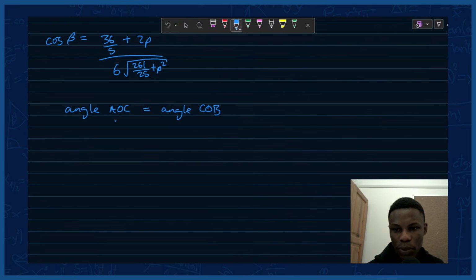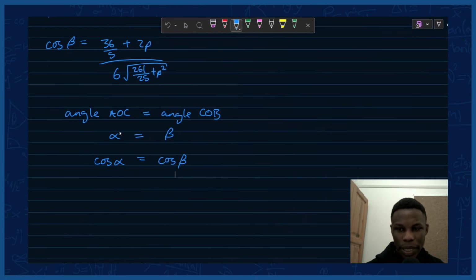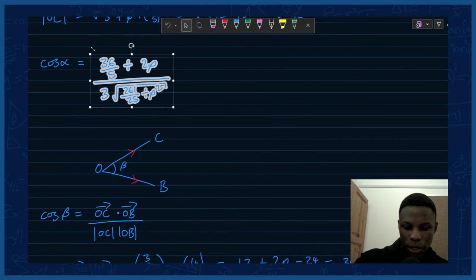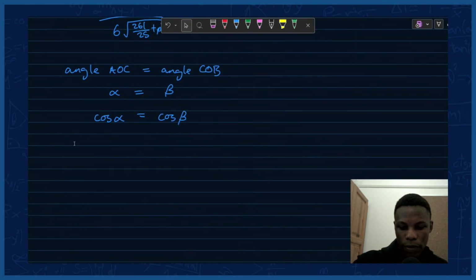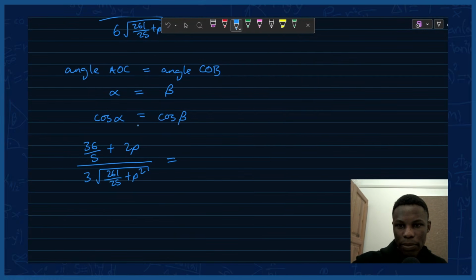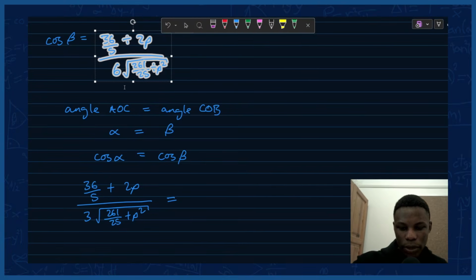So in other words, alpha is equal to beta, and we can apply cos on both sides. Cos alpha should therefore be equal to cos beta, which means this expression has to be equal to this expression.